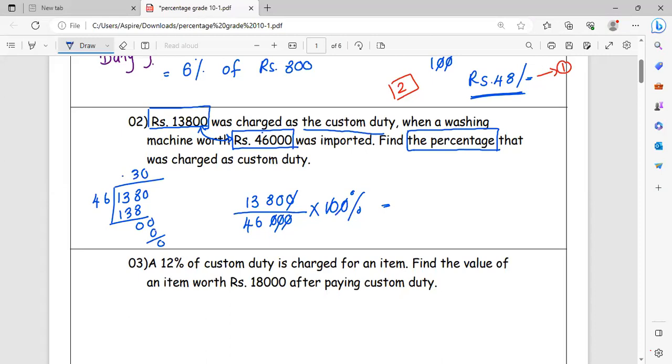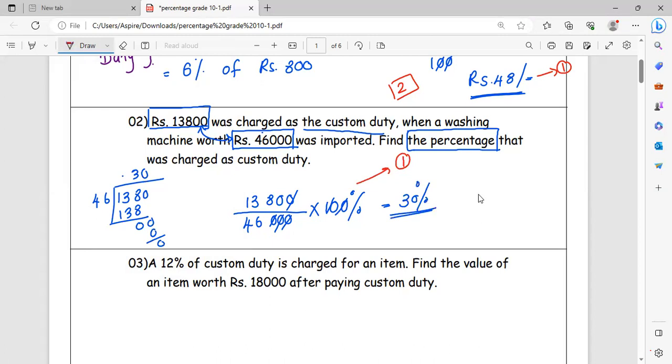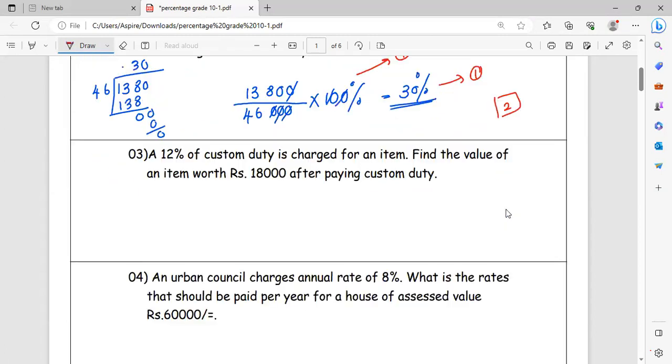It is 30%, no? 30%. In this case, for the calculation 1 mark, answer 1 mark, altogether 2 marks are given.